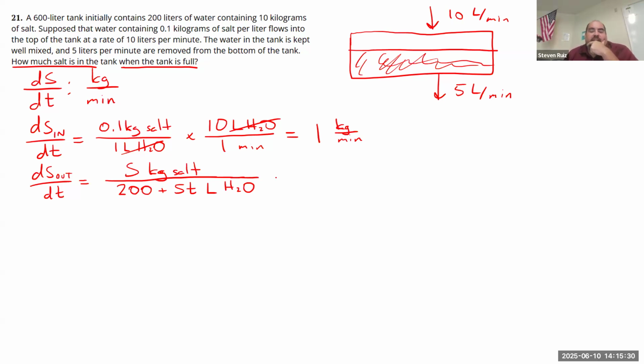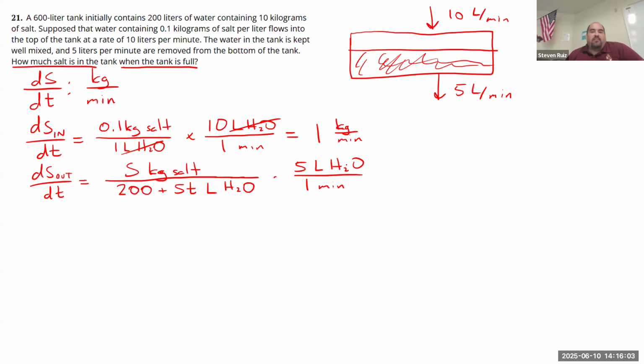And how much of that is leaving every minute? 5 liters of that water is leaving every 1 minute. So since my water is well mixed, I can assume that whatever the mass is of salt, it's evenly spread out over the full volume of water, which is initially 200 liters, but that's going to grow every minute.